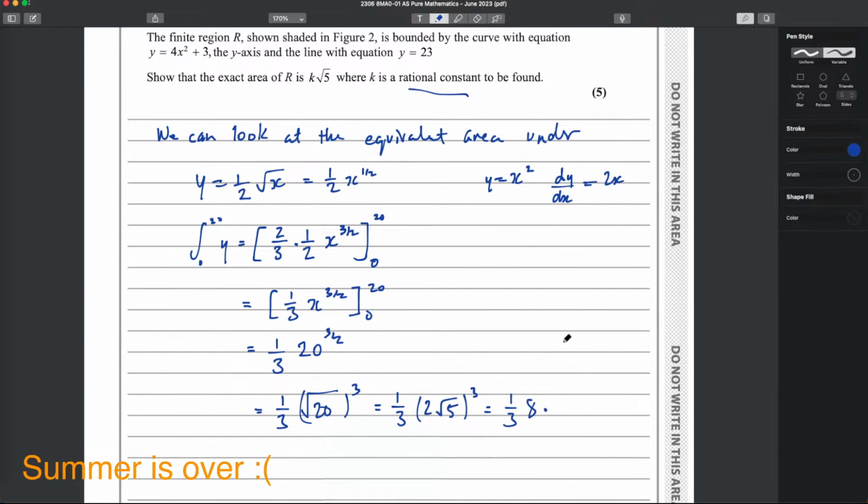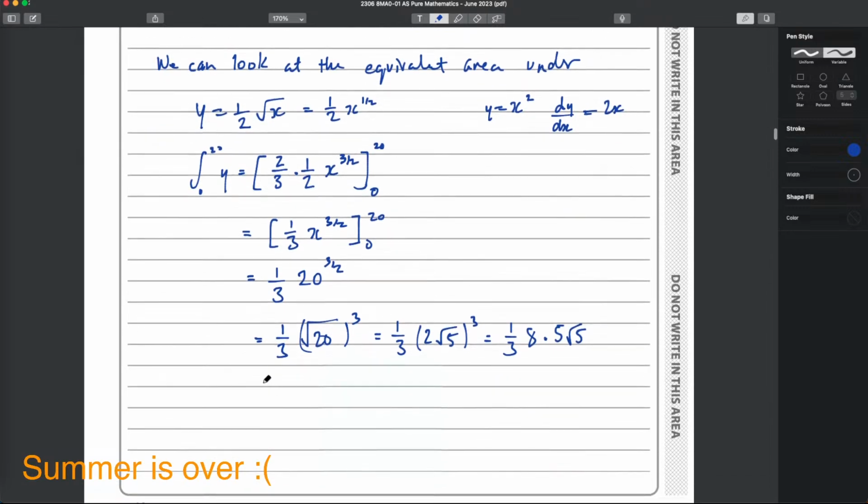Yes, I know. This is a bit messy, but root 5 times itself 3 times is 5 root 5. And then we have 8 times 5, 40 on 3 root 5.